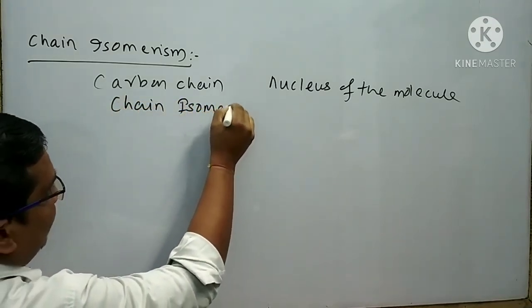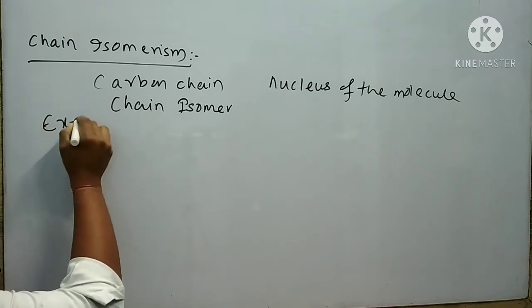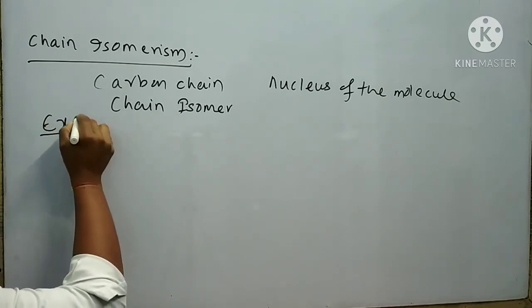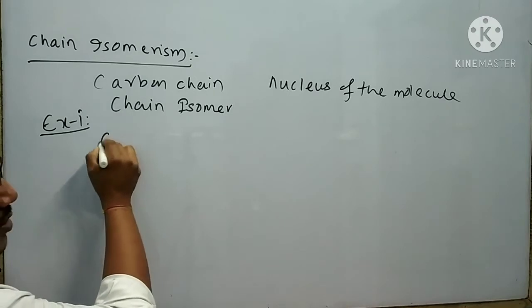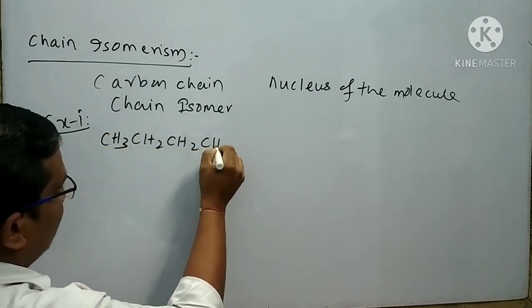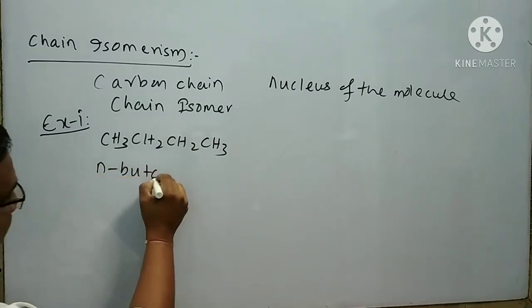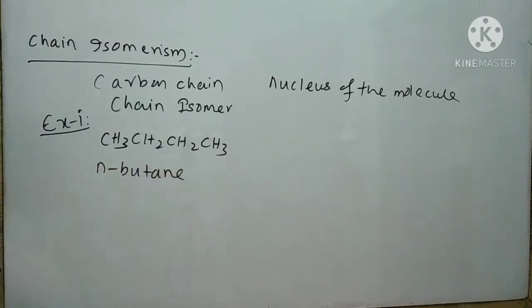Let me explain chain isomerism with an example. Suppose I want to take an example: CH3, CH2, CH2, CH3. This is said to be n-butane. Here n is said to be normal.